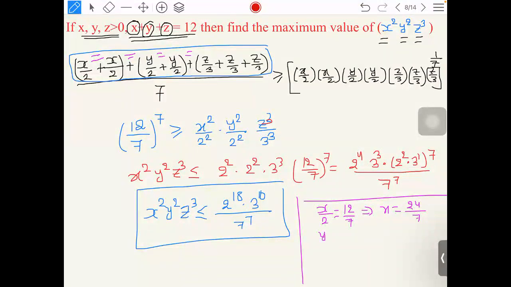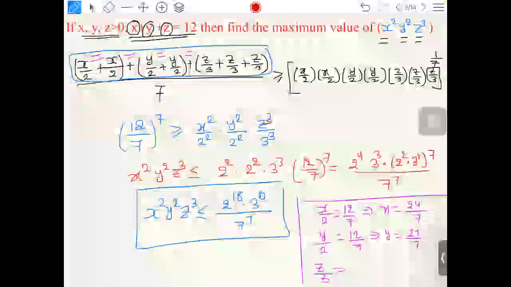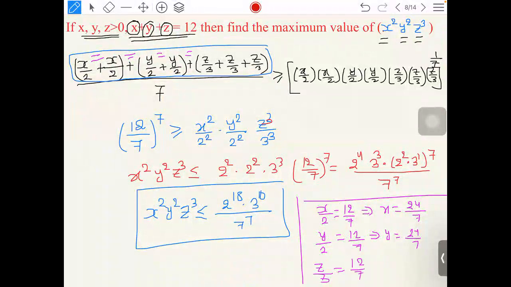Similarly, y by 2 is equal to 12 by 7, so y is equal to 24 by 7. While z by 3 is equal to 12 by 7, so z is equal to 36 by 7.